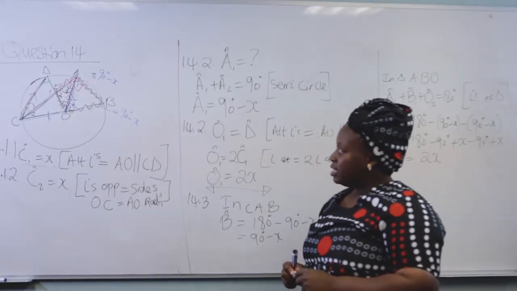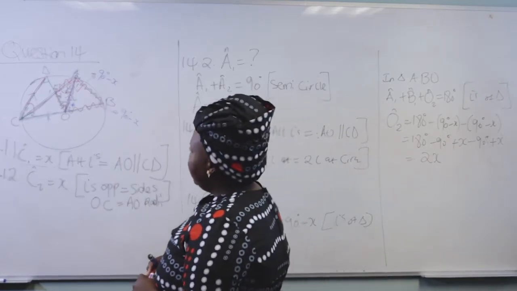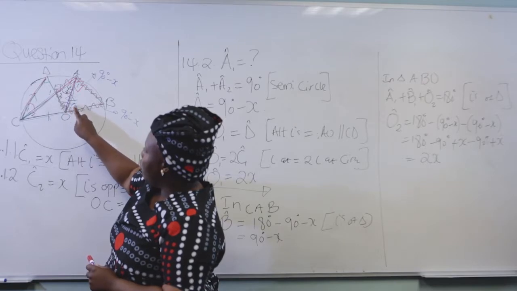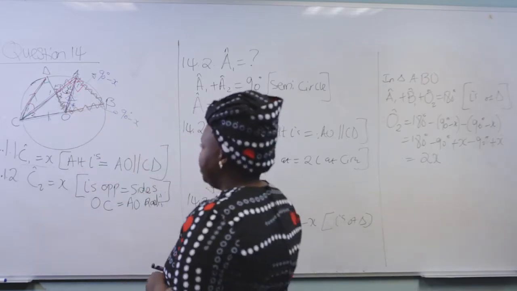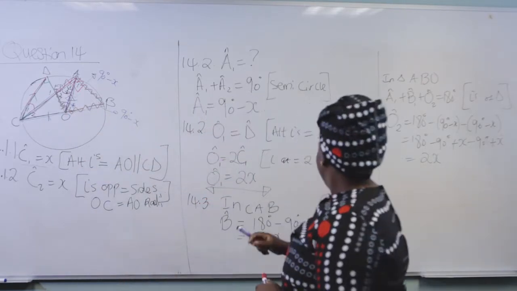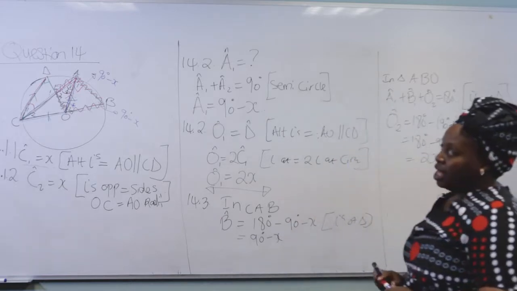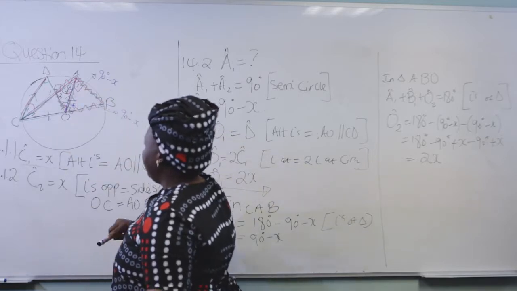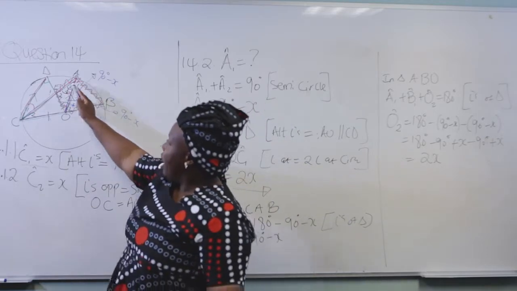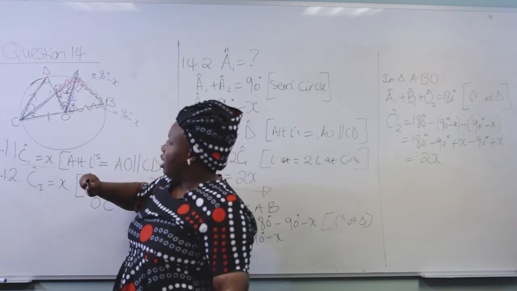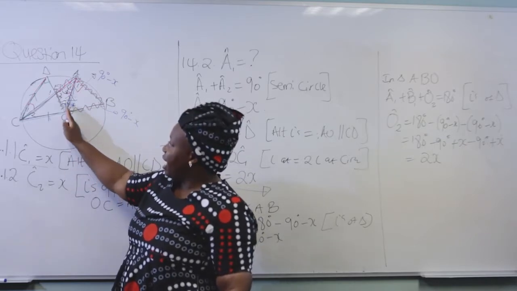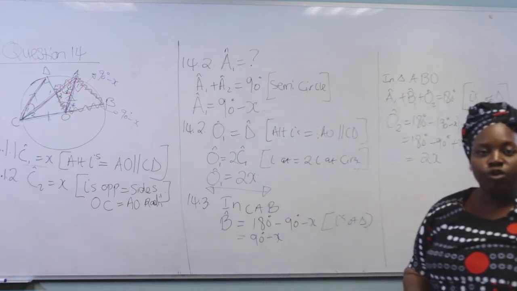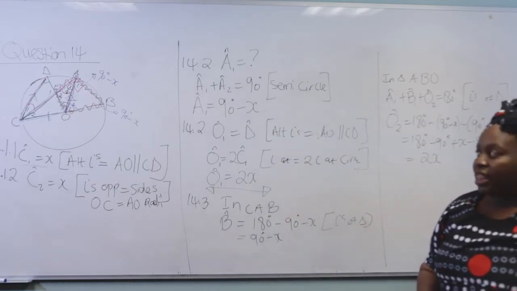Now let's look at this. Remember we said O1 and O2 are equal. And what are they equal to? They are equal to 2x. And what are A1 and A2? If you can prove that A1 plus A2 is the same as O1 plus O2, or when you add them together they give you 180, then you have proven it.